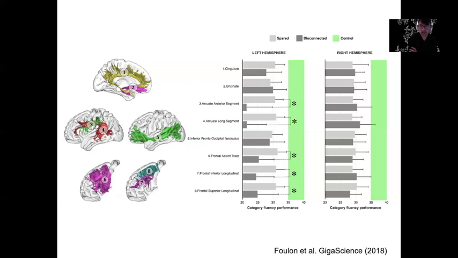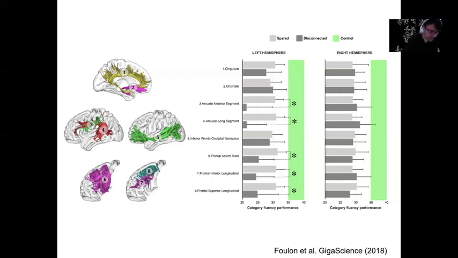The same disconnection in the right hemisphere didn't seem to have a comparable effect. Now, this is a classical associationist approach, and the interpretation will be that you need those connections to convey information from A to B, B to C, to produce a category fluency.